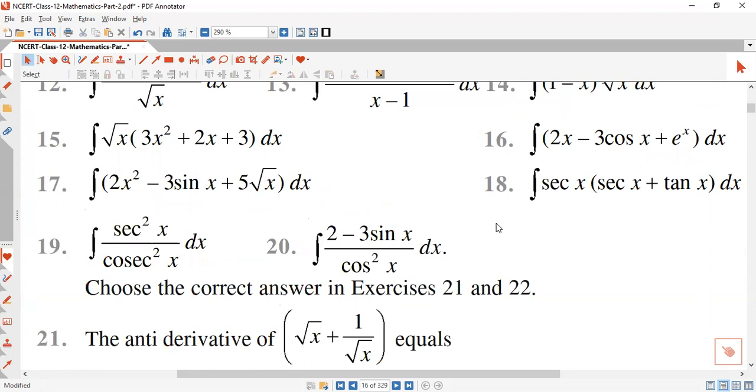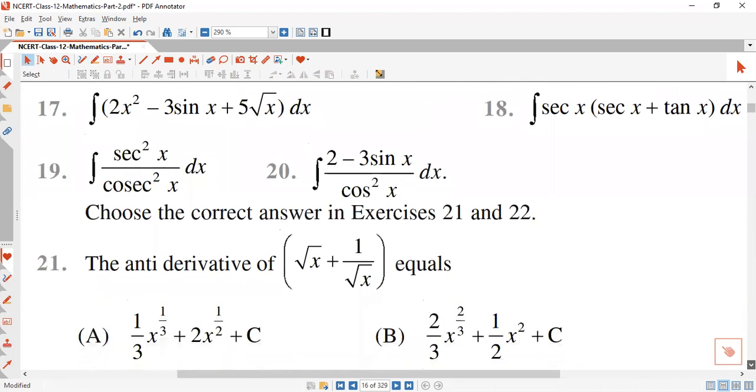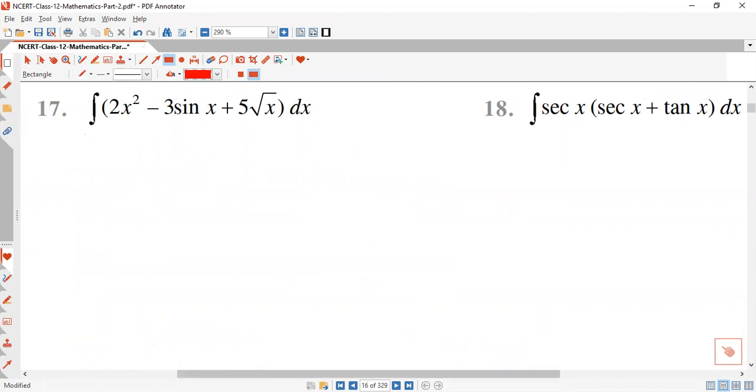Now, 16 is done, and now we want to do question number 17. In this question number 17, what is given to you? This is an algebraic function, a trigonometric function, and again an algebraic function. Separate all the three.